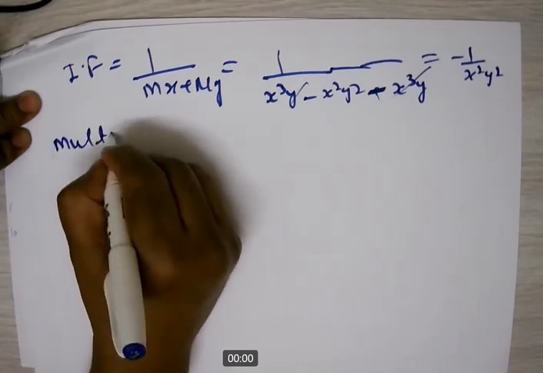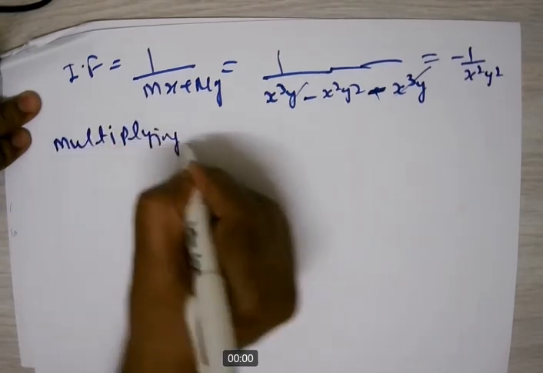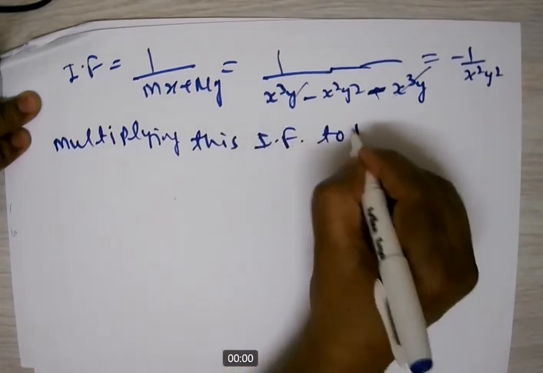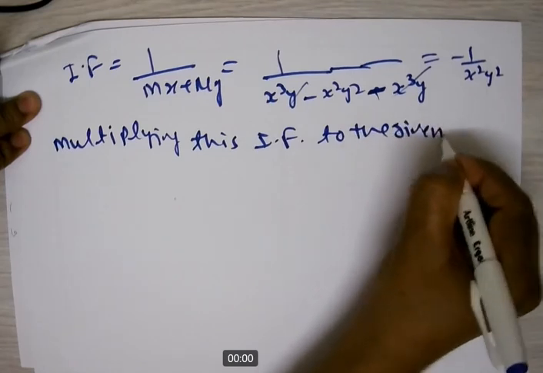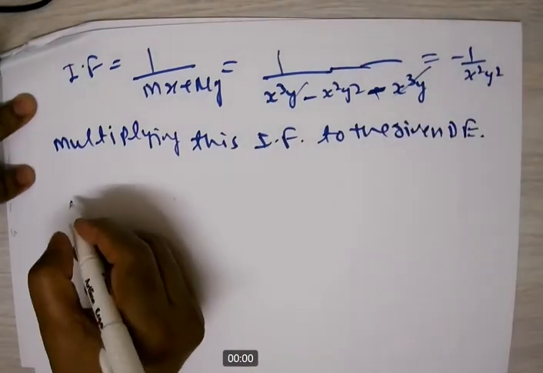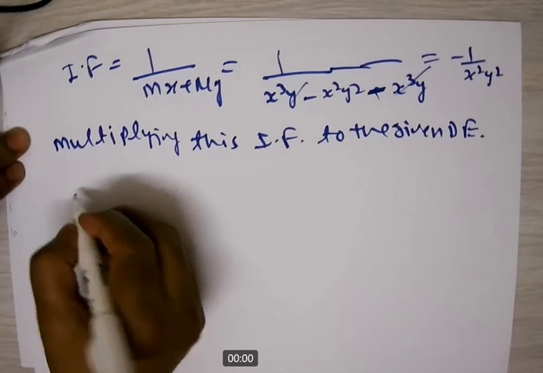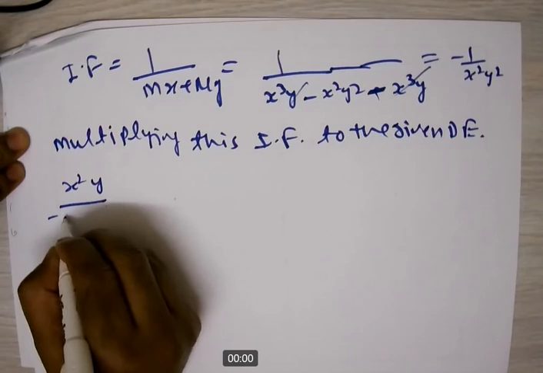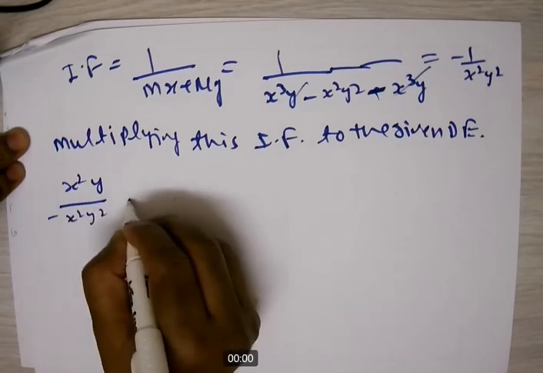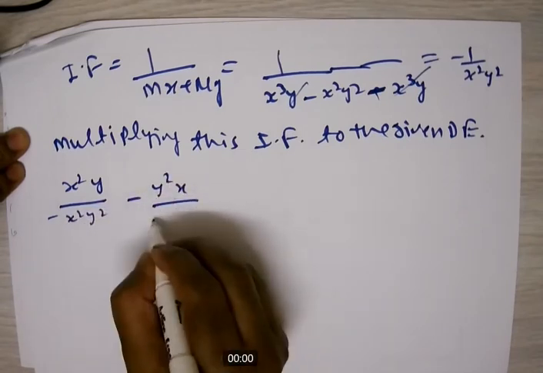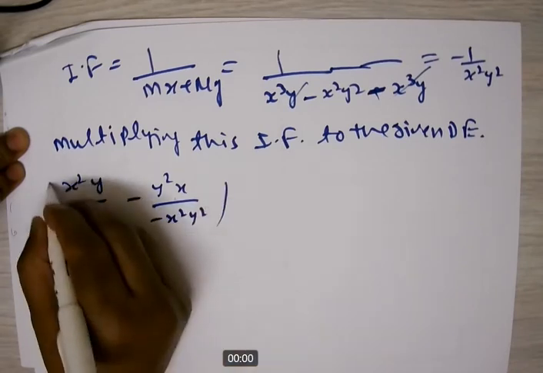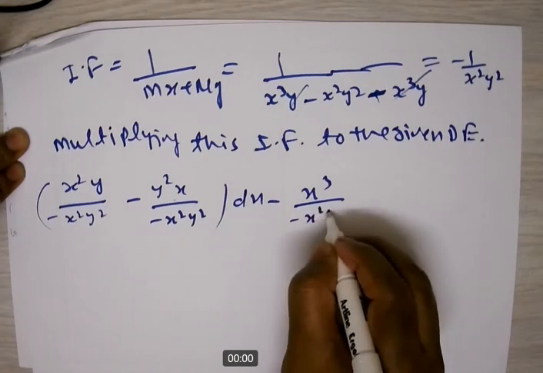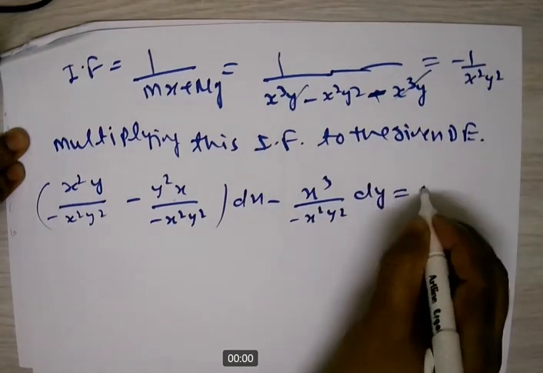Multiplying this integrating factor to the given differential equation, we get x square y divided by minus x square y square minus y square x divided by minus x square y square dx minus x to the power 3 divided by minus x square y square dy equal to 0.